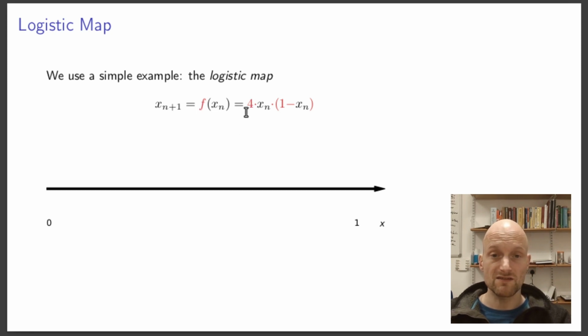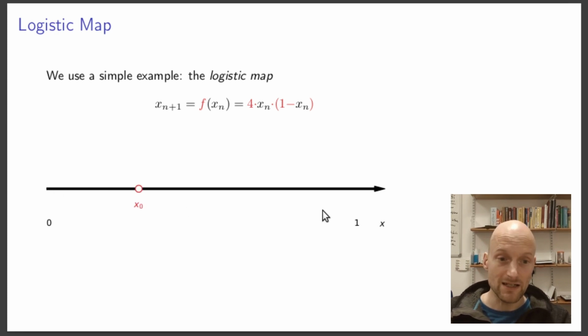And here it's given by 4 times the unknown xn times 1 minus xn, again the unknown xn. So it's a quadratic function, as you might have already encountered. We allow x to have any values between 0 and 1, as indicated by this arrow of values between 0 and 1.